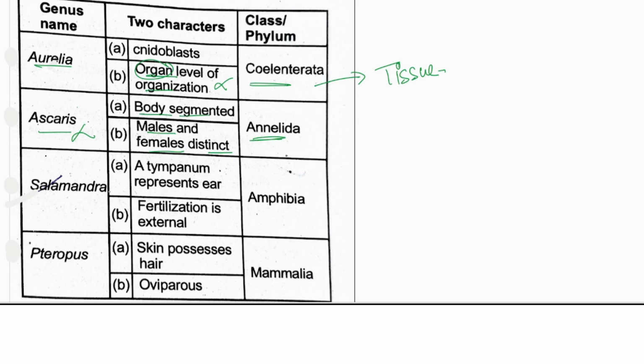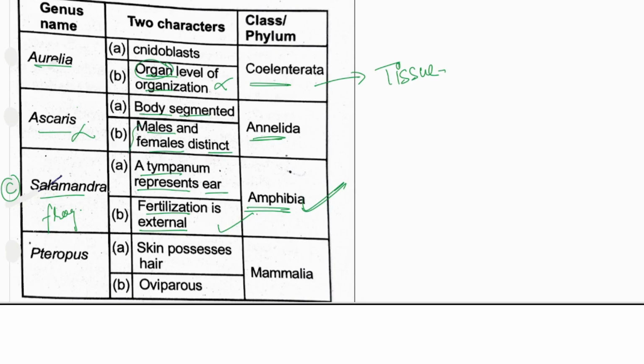And then the tympanum represents the ear, which is in the salamander, as well as in the frog also. They are amphibia, and their fertilization is external. That is correct, this is absolutely correct, given the class and their phylum as well as the genus and their function.